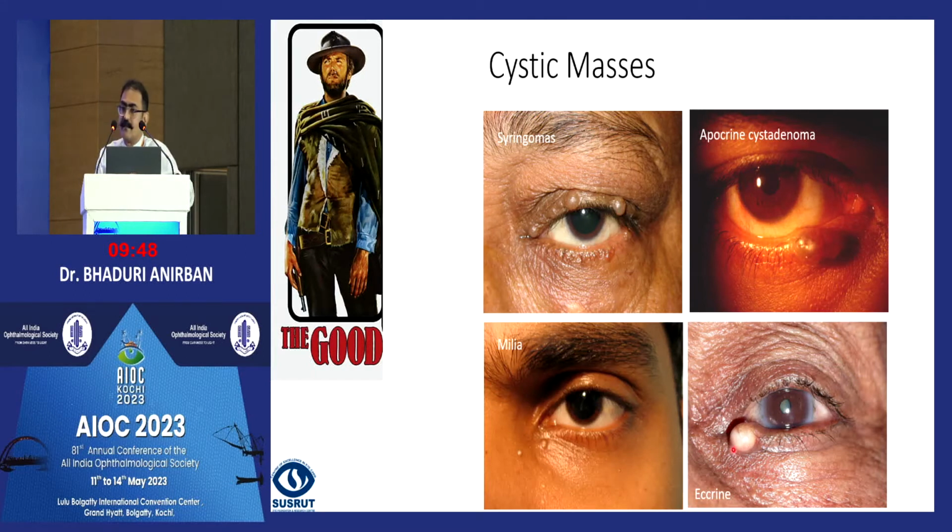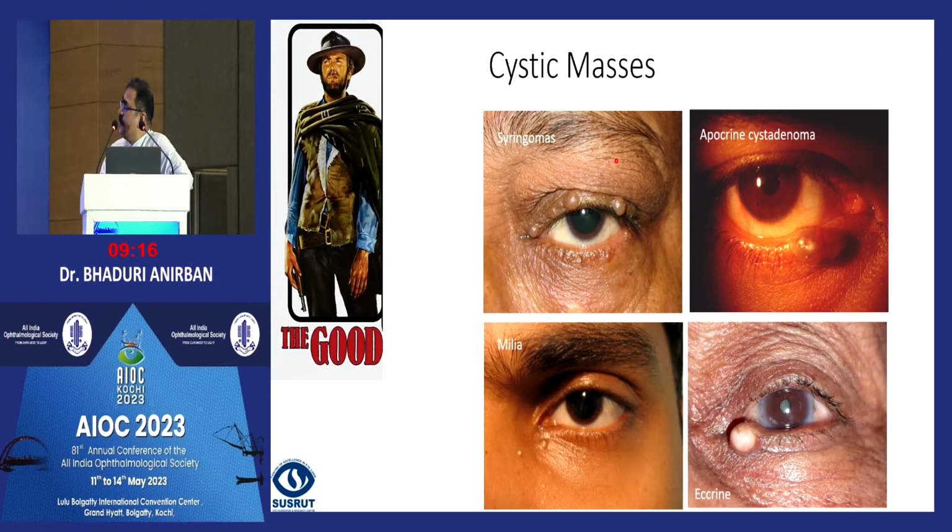An eccrine cyst of Moll, and this typically is whitish or slightly yellowish, doesn't transilluminate very well because of the nature of the contents of the cyst, arising in the lid margin. But this is another one which is bluish, translucent, it transilluminates, and sometimes you will also see a bluish deposit or sediments at the bottom. Now that's an apocrine cyst. Both of these are sweat gland cysts and they are benign.